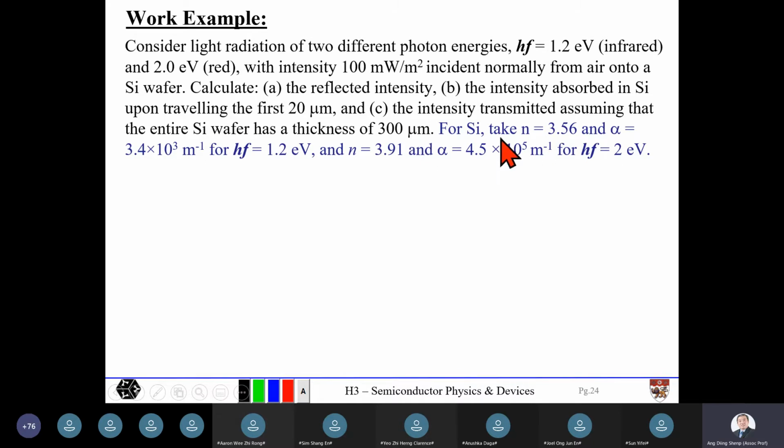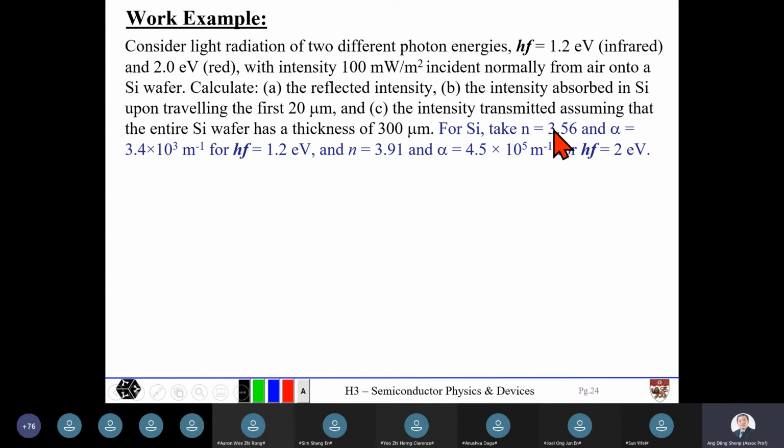So to do the calculation, some basic parameters must be known. One of them would be the refractive index of silicon, and the other would be the absorption coefficient of silicon. Now, the refractive index varies with the wavelength of the photon energy.